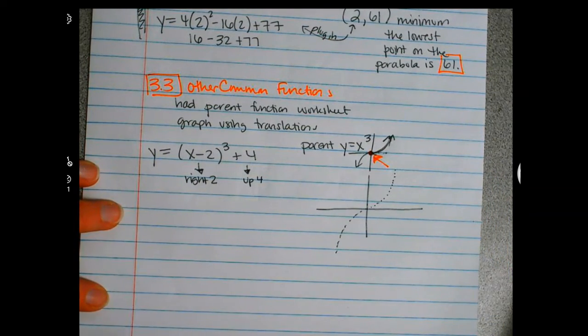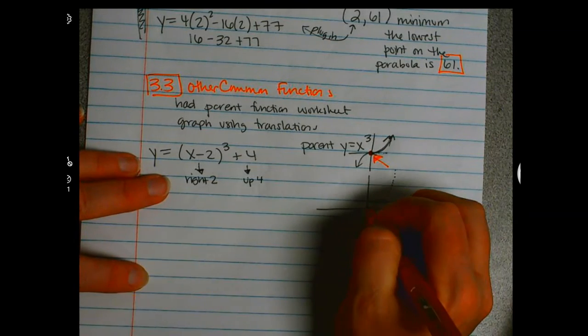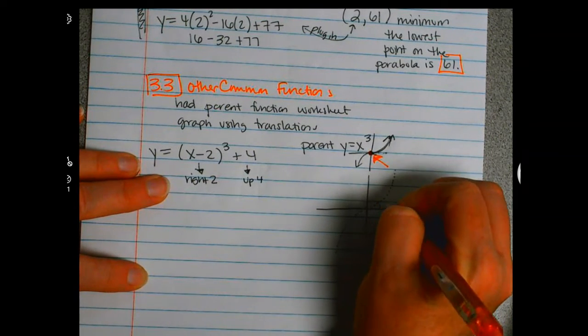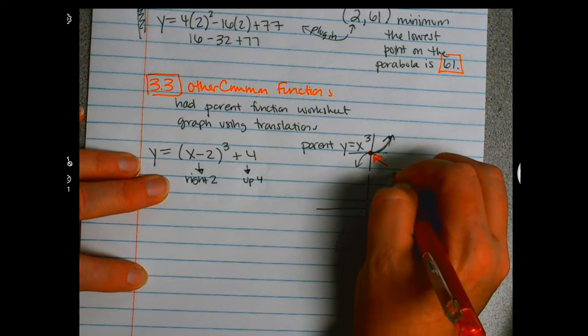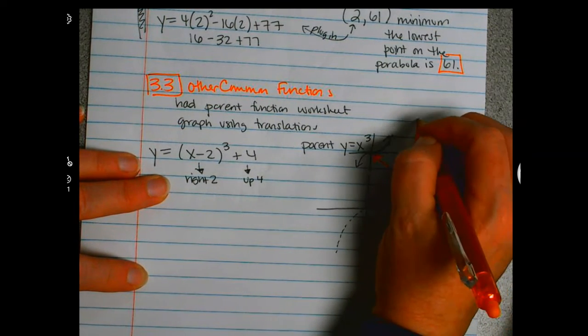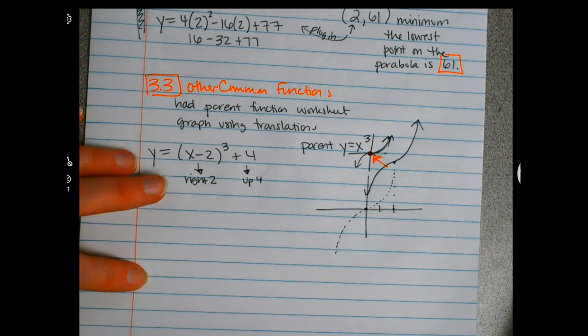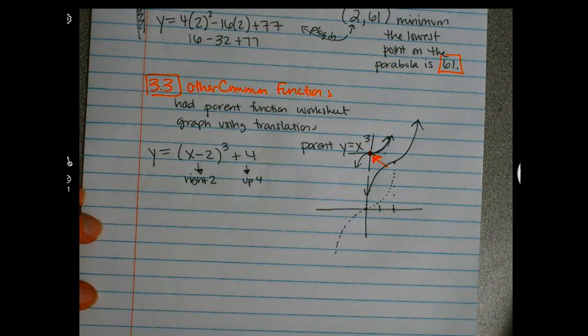But then I'm going to take this equation right here and go right 1, 2, and then up 1, 2, 3, 4, and I'm going to draw the same shape, and that's my shifted equation.